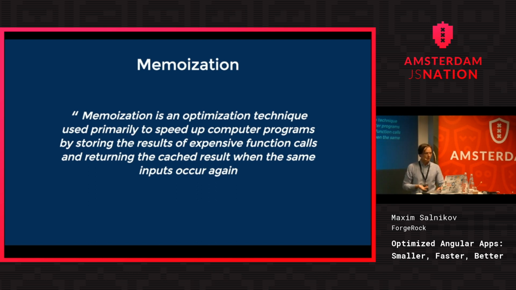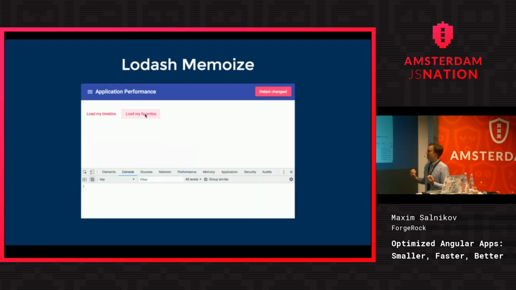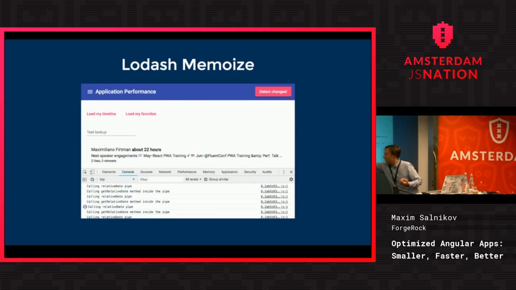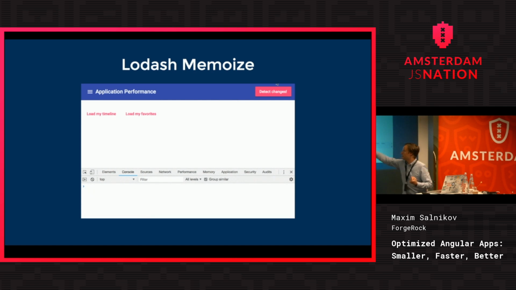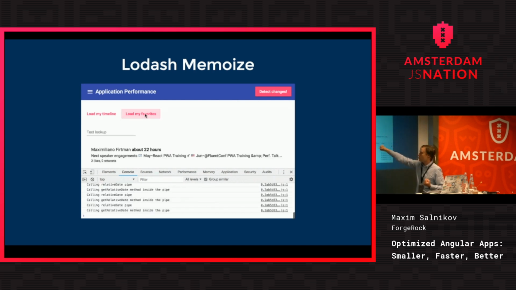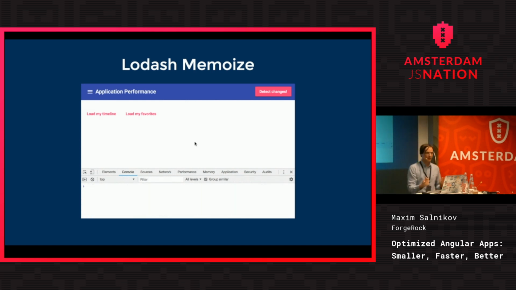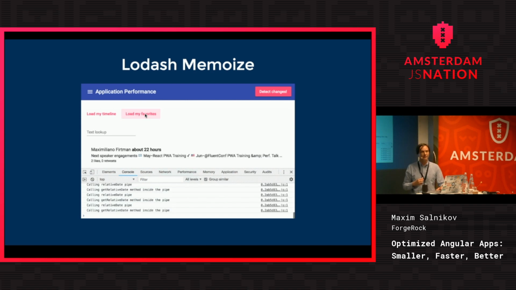If you go with a regular pipe, you will calculate every date in the list. But if you apply the memoization technique, you will see that, bam, on 5 calls of the pipe, we didn't trigger the method inside this pipe. It means it was kind of cached in our memory.